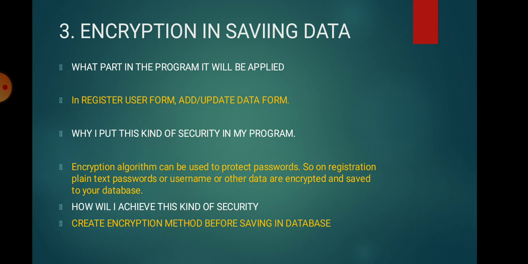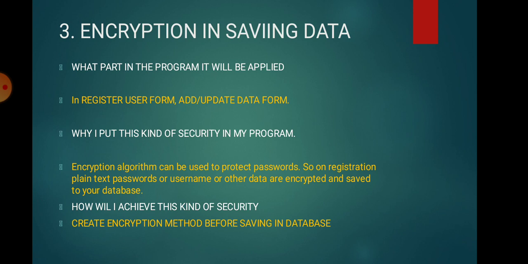And why do I put this kind of security in my program? Of course, an encryption algorithm can be used to protect passwords. On registration, plain text passwords or usernames or other data are encrypted and saved to your database. So when someone views the data in the database, he or she cannot read it because it is encrypted text.